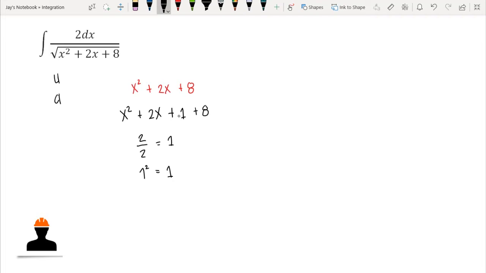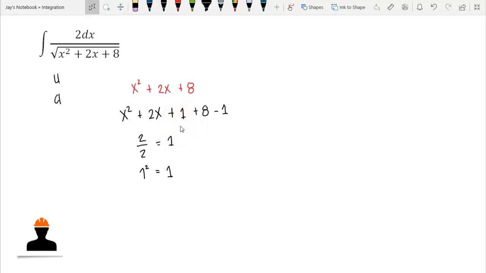And then since we added 1, we should add another number that is opposite in sign. Okay? So since we add positive 1, then we introduce negative 1. Since 1 minus 1 is equal to 0, upon introducing 1 in our equation, our equation has changed.